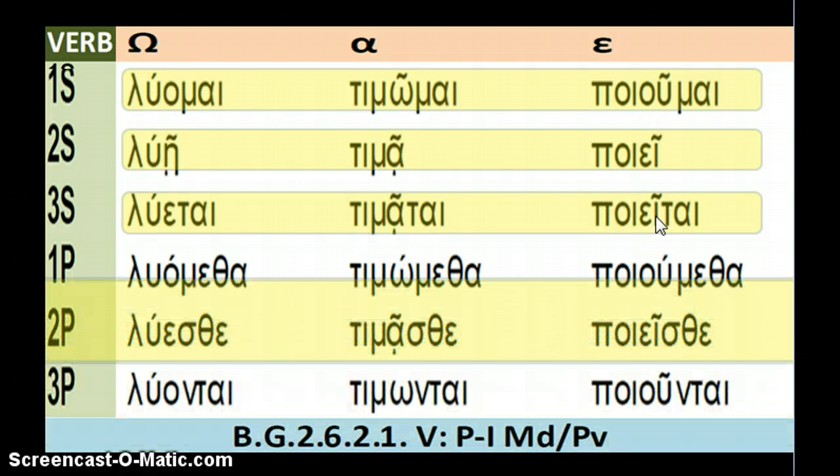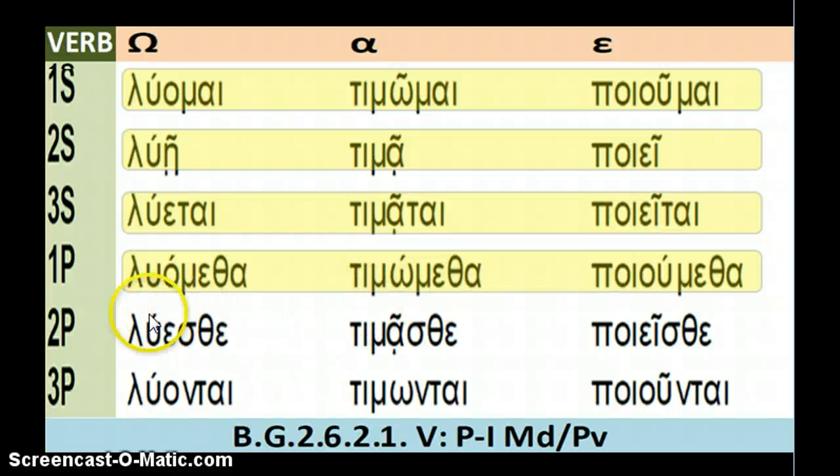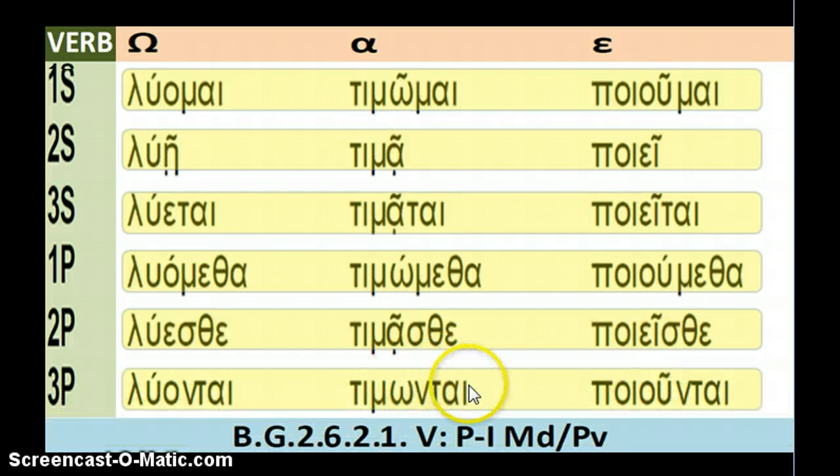You do have to understand the morphology, or the form, to understand how the verb works. Ametha, alpha plus omicron, omega, epsilon plus omicron, ou. Loue, esthe, timasthe, poieisthe, lountai, timontai, poiountai. Notice the endings mai, sai, tai, metha, sthe, and ntai.